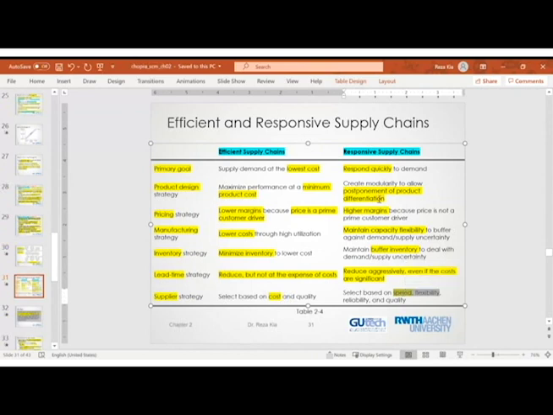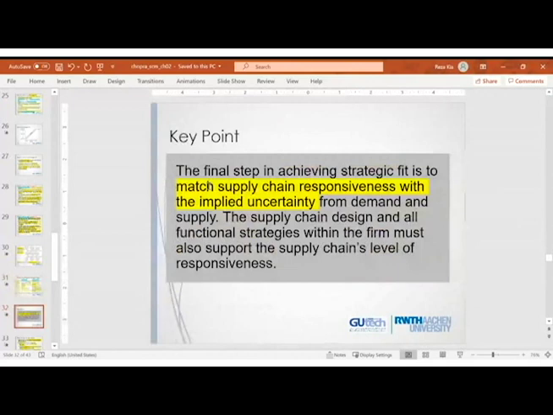So that was one table to make a comparison regarding different criteria for efficient and responsive supply chains. And okay, that was the final step in achieving a strategic fit. As we have been discussing so far, we need to match responsiveness and uncertainty in a supply chain if we want to get a strategic fit.